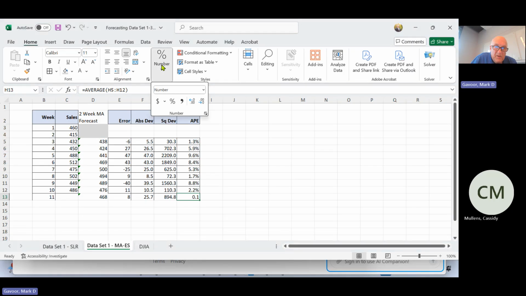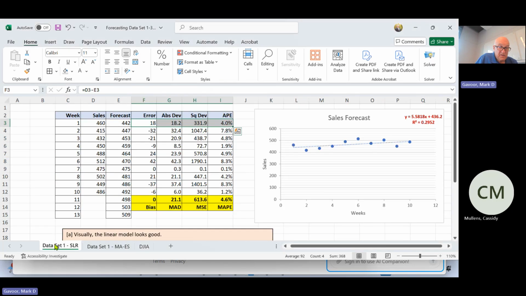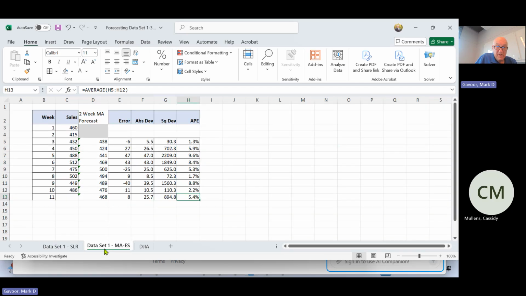I want to make it a percentage again. 5.4 versus MAPE versus 4.6. Just based on MAPE, would I want to use a 2-week moving average? I would say no. Good answer. Because my MAPE is higher. Not much. I mean, they're within the same general ballpark.